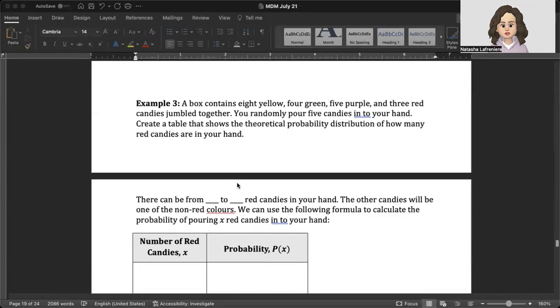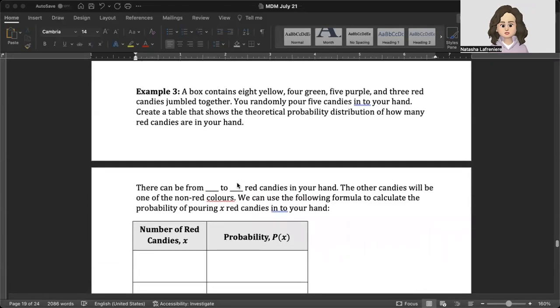A box contains 8 yellow, 4 green, 5 purple, and 3 red candies jumbled together. You randomly pour 5 candies into your hand. Create a table that shows the theoretical probability distribution of how many red candies are in your hand.